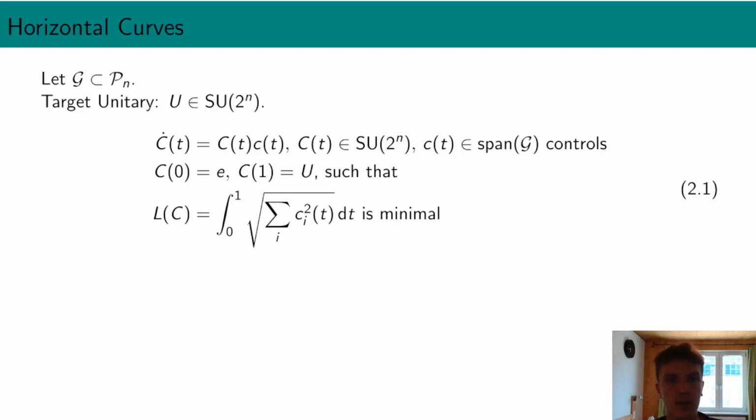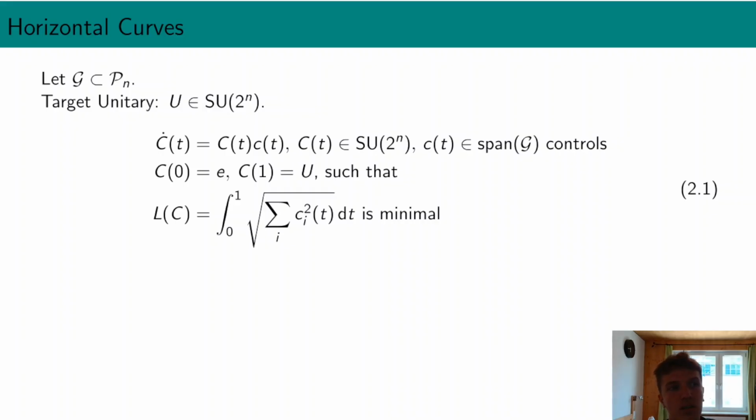So we don't necessarily look at the product of the rotations, but at a general time-dependent curve where the Hamiltonian is restricted to our subspace, and we have the boundary conditions that we start at the identity and end at the unitary.